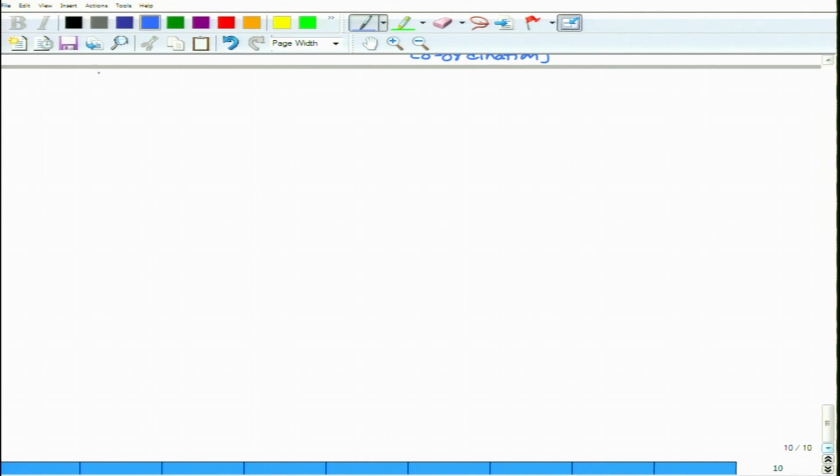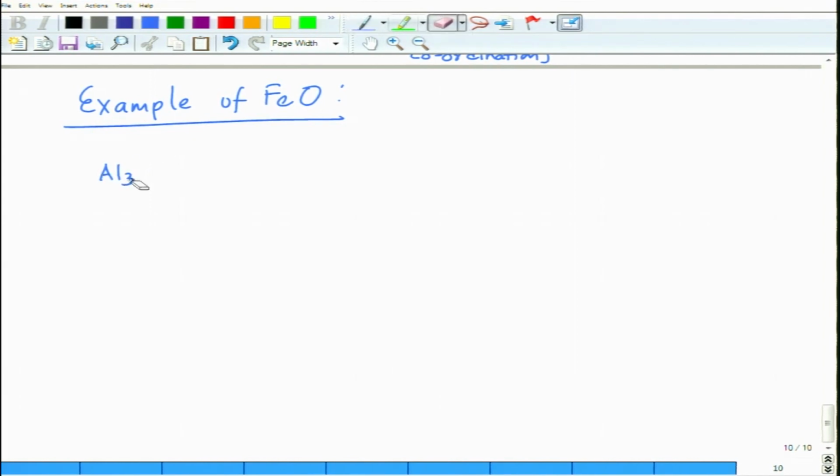So, for example, if you look at example of FeO, if you look at various cations like Al3+, Al3+ has a radius of 0.053 nanometer, and this is Rc. Okay.